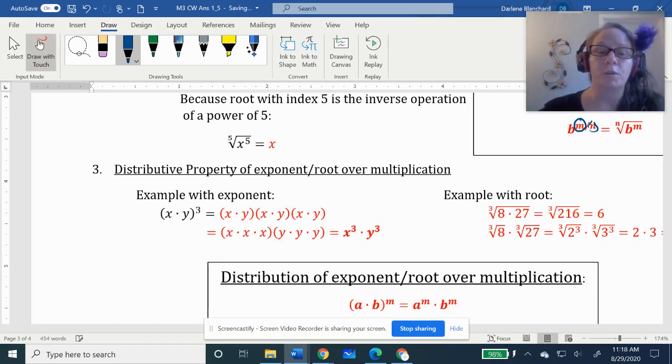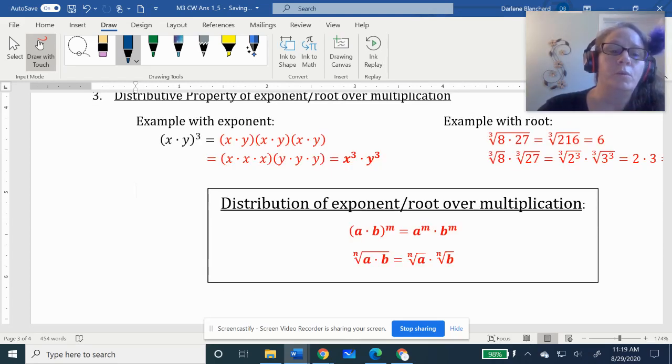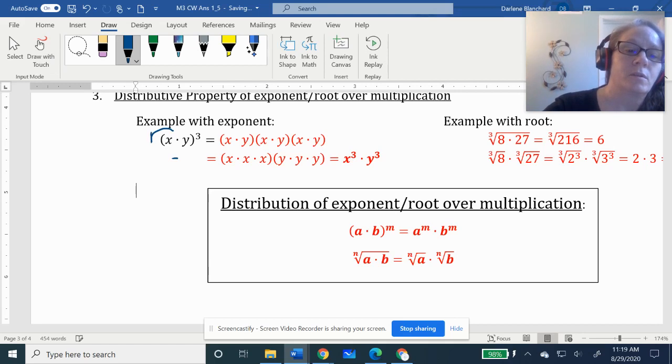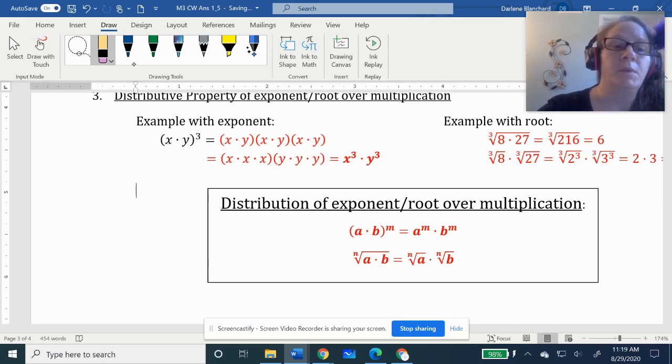The next rule I'm going to go over is the distributive property of exponent or root over multiplication. I'm showing you with an example. Let's say we have x times y in a parentheses, and that is put to the power of 3. That means that x times y is multiplied 3 times.